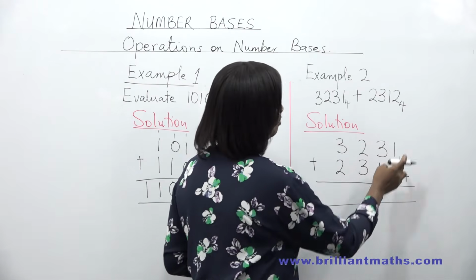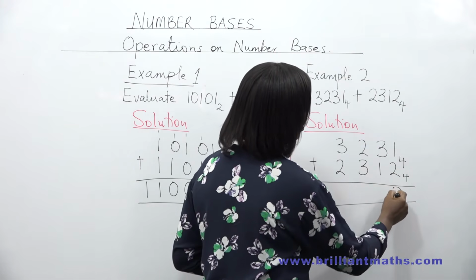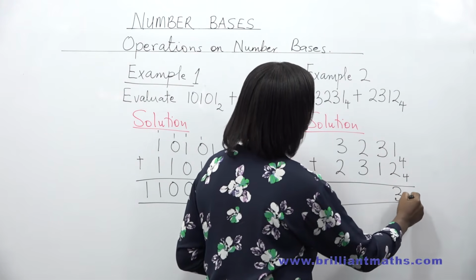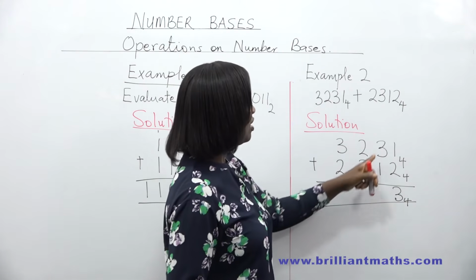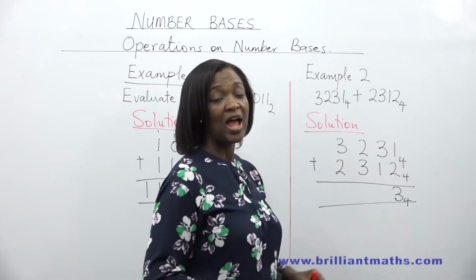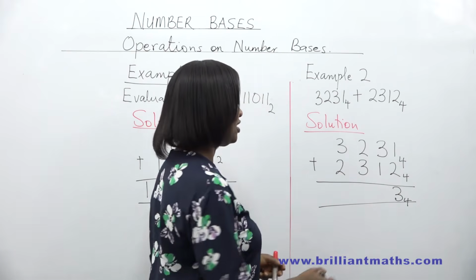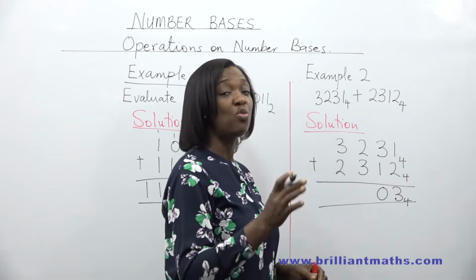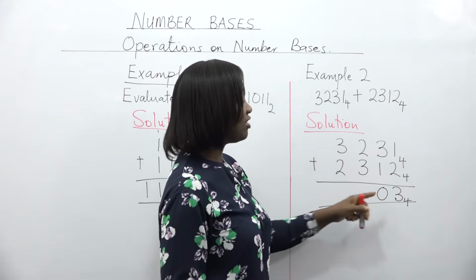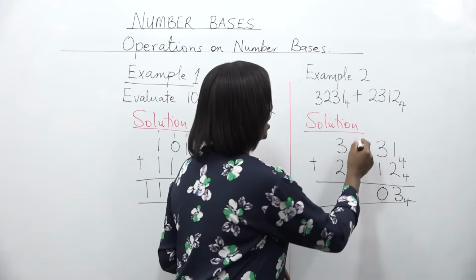So 1 plus 2 is 3. The answer is going to be in base 4, so I can just write it. 3 plus 1 is 4, and 4 in base 4 is equal to 10. So we put down the 0, because 4 divided by 4 is 1, remainder 0. We write down the remainder 0, and we carry the 1.